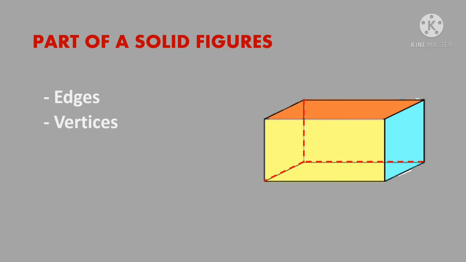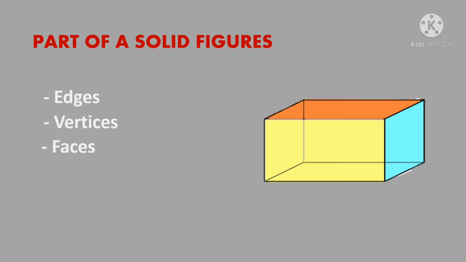The next one is vertices. The vertices are the corners or the points where line segments or edges meet. In this figure, we have 1, 2, 3, 4, 5, 6, 7, and 8 vertices.